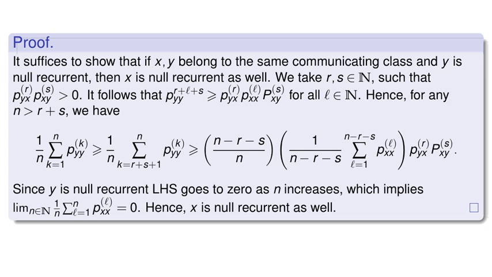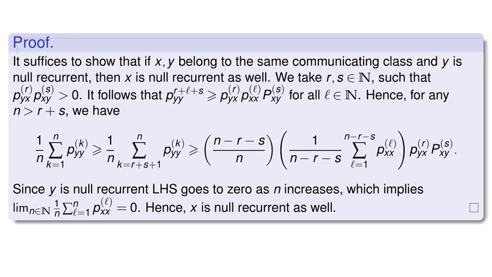This in turn is greater than or equal to the term n minus r minus s over n times 1 over n minus r minus s times the sum from l equals 1 to n minus r minus s of p_xx^l times p_yx^r times p_xy^s.